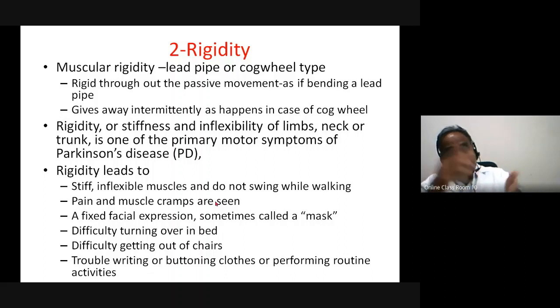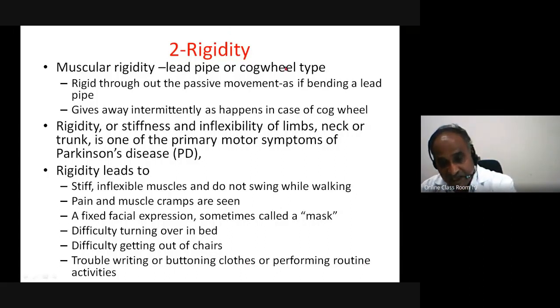See, so many complex movements are there, and squeezing the paste requires energy. So they have a problem in doing these routine activities. Here I have just mentioned writing, buttoning clothes, or performing routine activities.